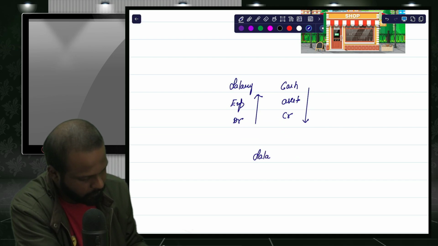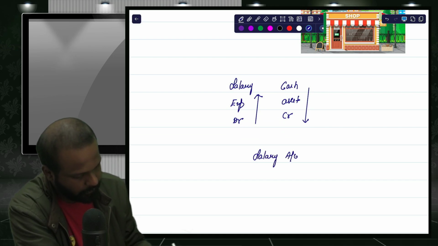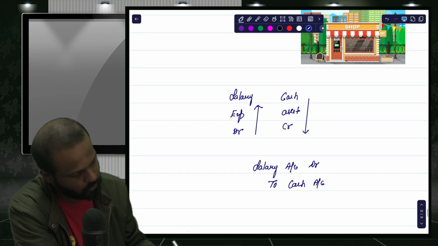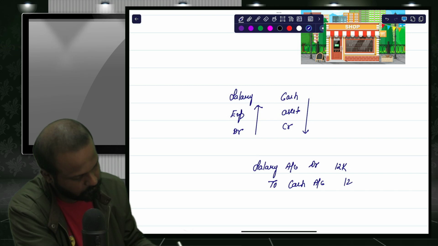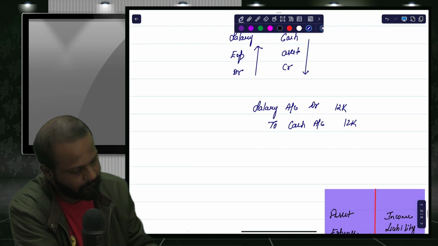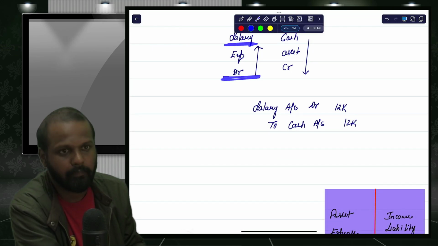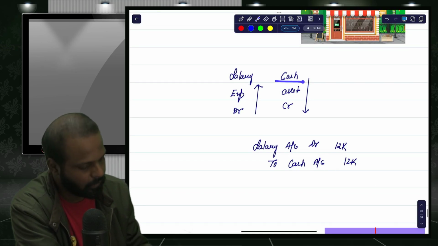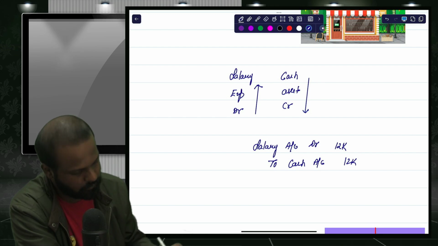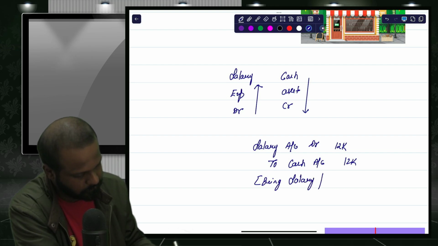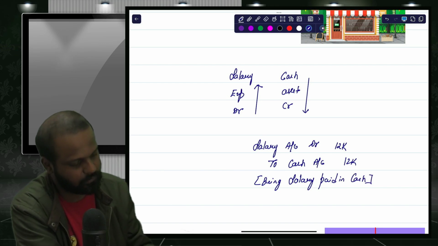So the entry will be salary account debit to cash account, 12,000. Salary account debit, cash will be credit. Being salary paid in cash.